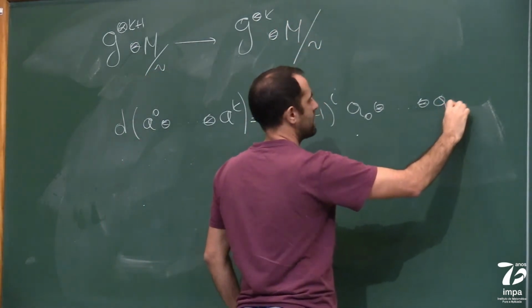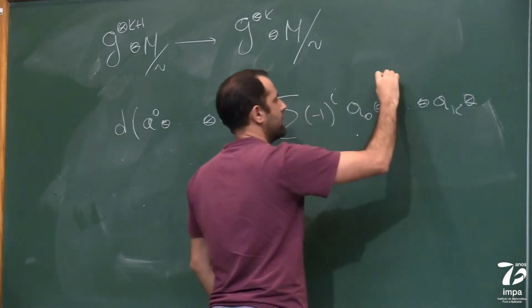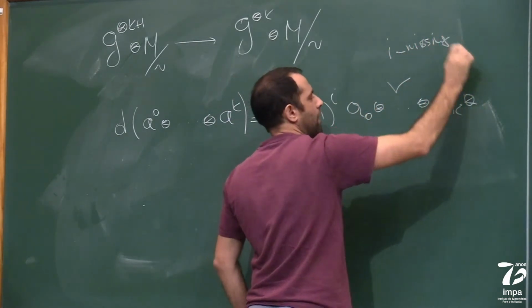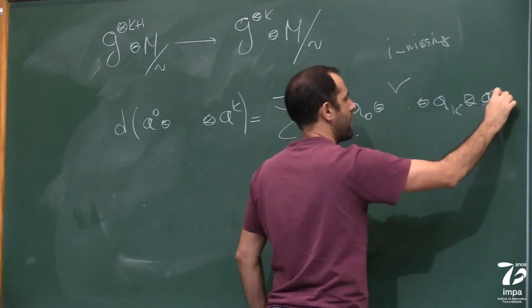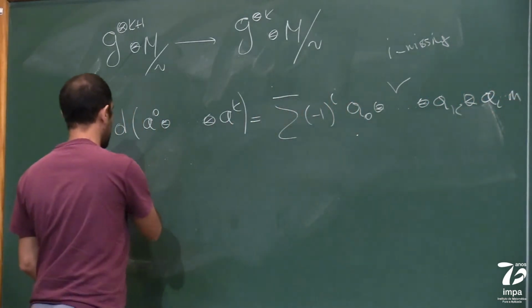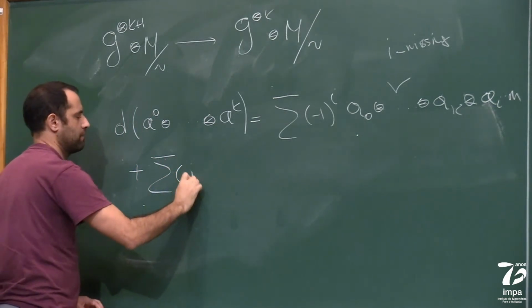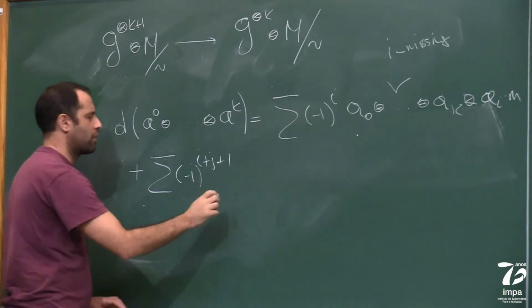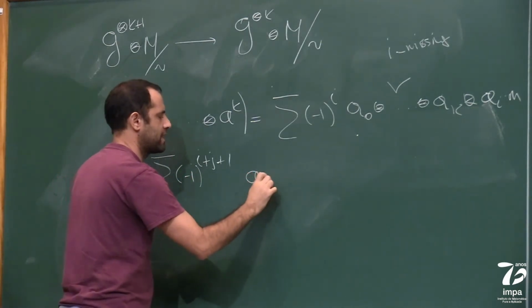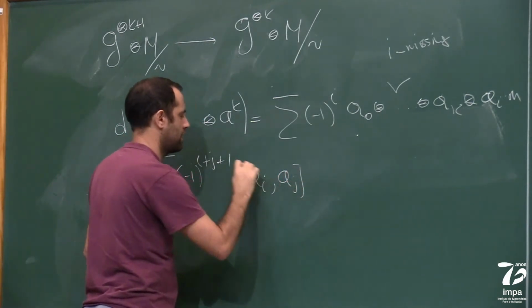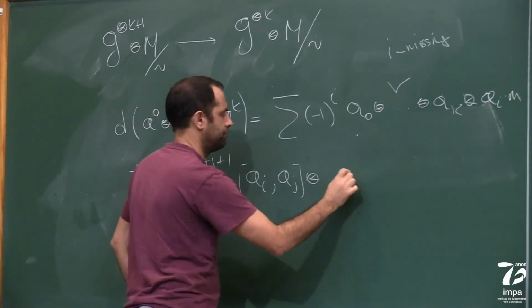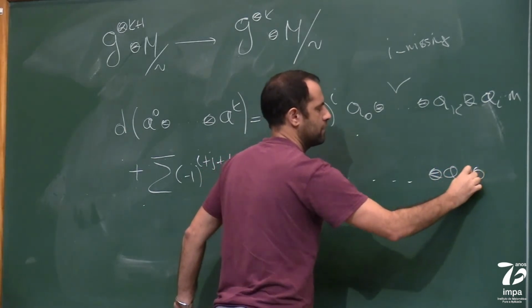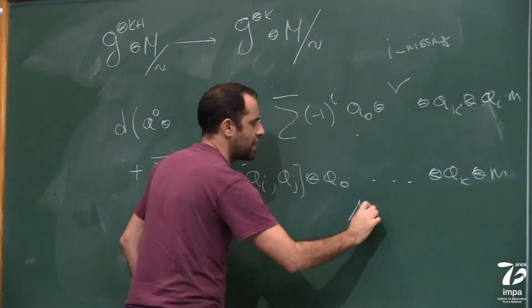So here I take k, I is missing, and then AI acts on M. And the other summand is, perhaps I got this plus 1 wrong, but I'm going to take AI bracket AJ tensor A0, AK, tensor M, and here I and J are missing.